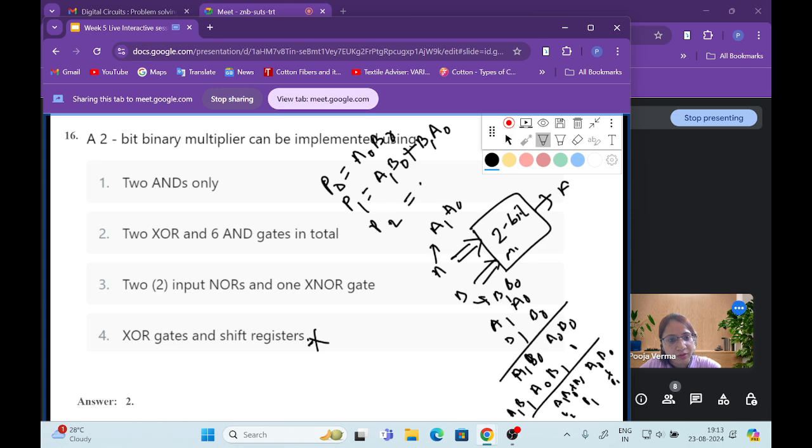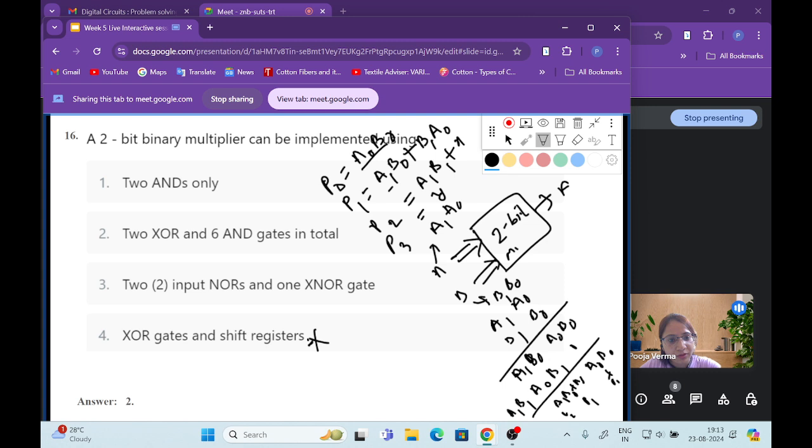P2 is A1 B1 plus some carry, let's say X, and P3 is then another carry generated from here. It can be, it cannot be. Okay, so let's first check how many AND gates are required if we want to multiply. So 1, 2, 3, 4, right?